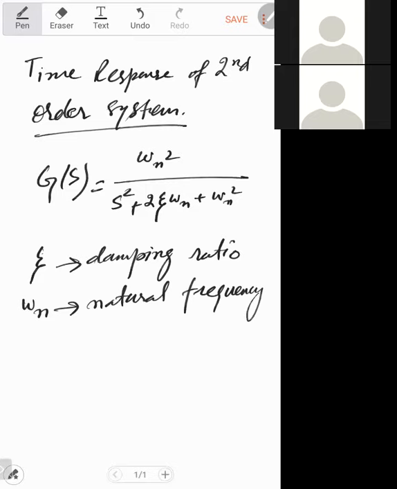Zeta, the damping ratio, means it can be defined as the decreasing of the amplitude of an electrical or mechanical wave. It is called damping.